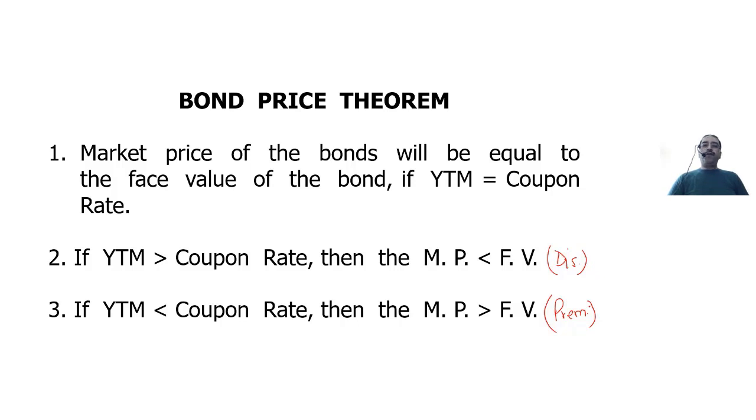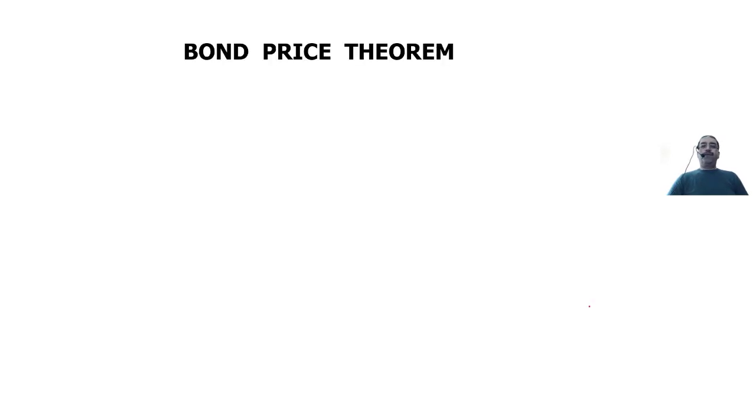So, bond price theorem only we continue now. We'll write the conclusions. There are some very important conclusions that are going to come. Thus, we can conclude that, the same thing, bond price theorem only. What are the conclusions?